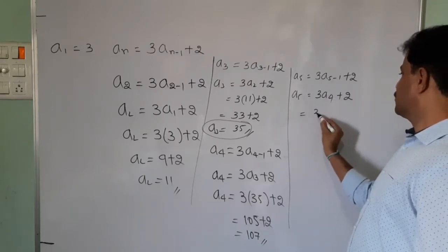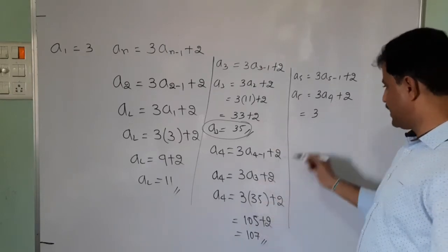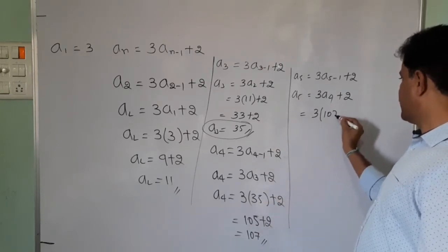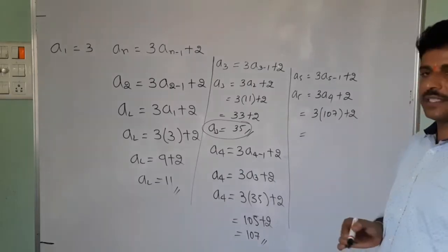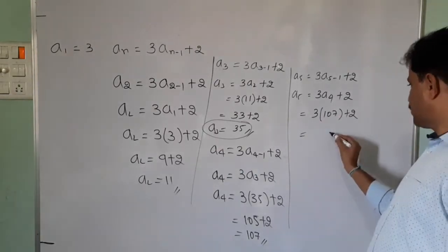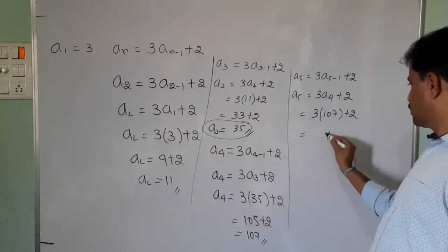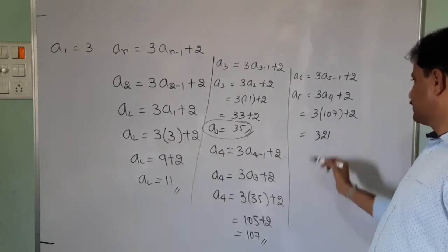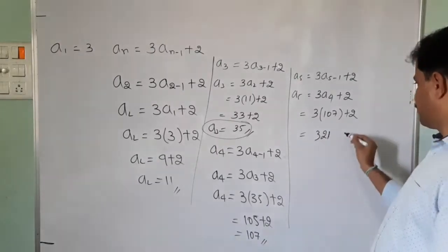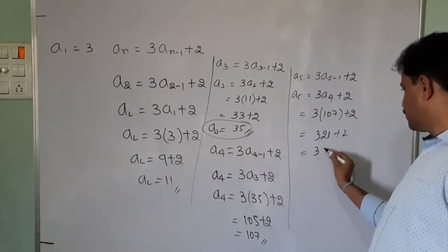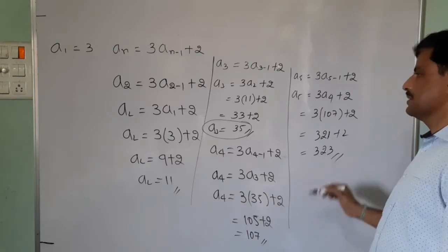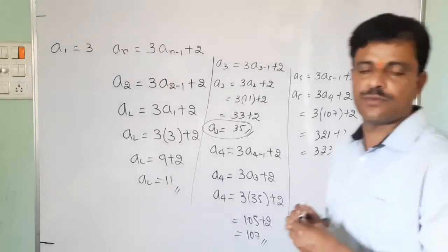A4 value is 107, plus 2. That is 107 into 3: 3 sevens are 21, 3 ones are 3, so 321, plus 2, 323. This is the first 5 terms values.